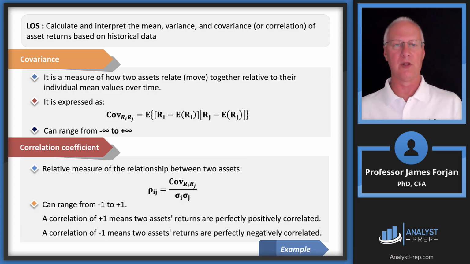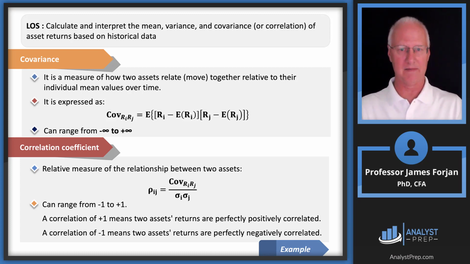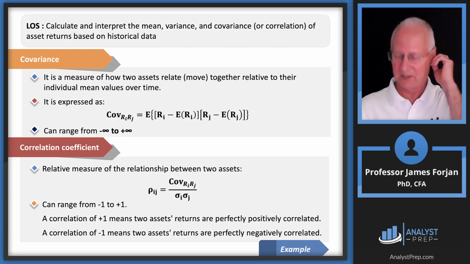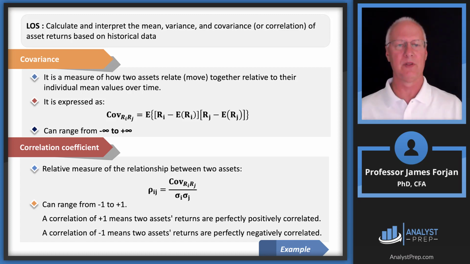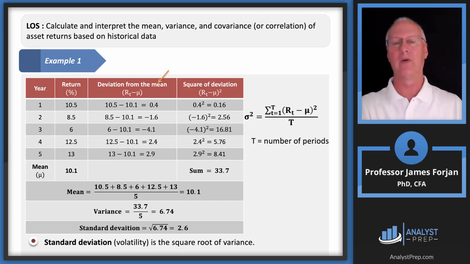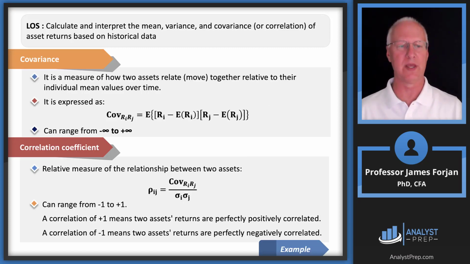Notice we have covariance is equal to R sub i minus the mean of i times R sub j minus the mean of j. And so instead of that far right column where we're squaring the difference between the two, we're just multiplying the difference between two assets' degrees of error.